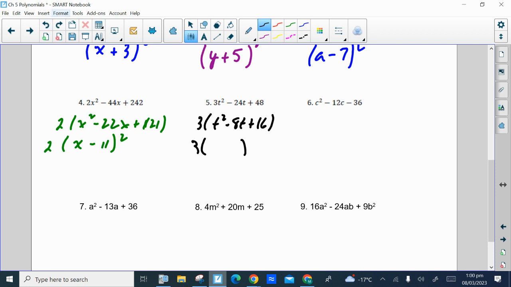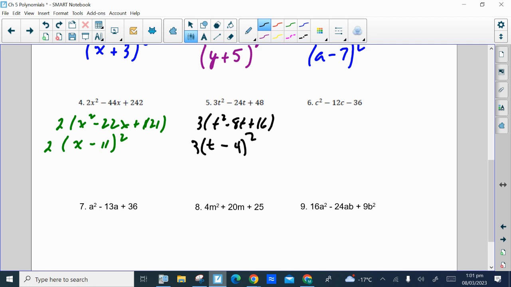Because this looks like it might be a perfect square trinomial, because the square root of t squared is t, the square root of 16 is 4, and if you multiply those two together and double, you do get 8t. And because it's a minus 8t, it's t minus 4 all squared. Remember, that binomial is squared.